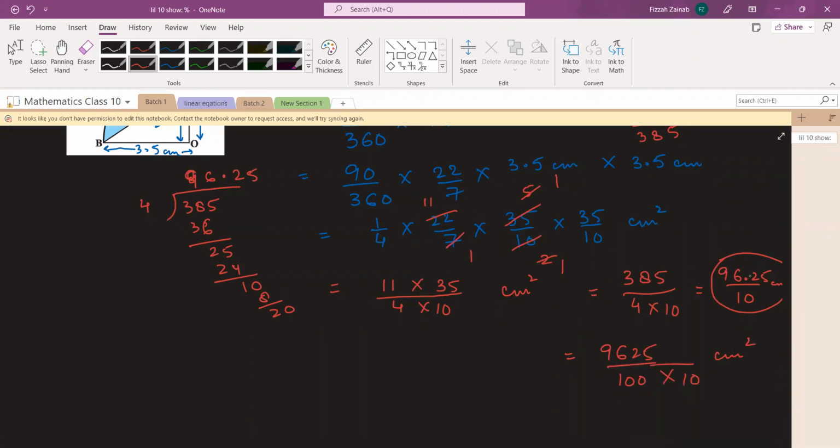If you remove the decimal of the numerator, you have to divide by 2 zeros. So now total you have 1000 in the denominator. So now you can place 9, 6, 2, 5 and then 1, 2, 3. So after 3 places, you can put your decimal. So this is the area of one quadrant, 9.625 centimeters square.